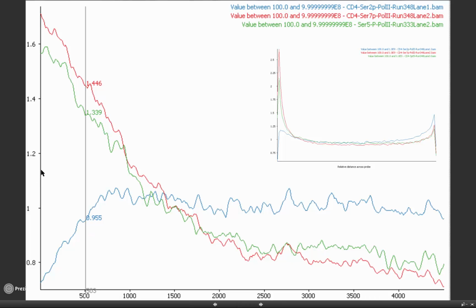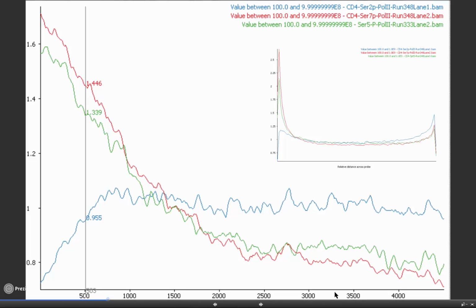This fits with the standard transcription theory, and serine 7 phosphorylation doesn't quite fit, but it's possible that we would see this kind of distribution because it's most highly concentrated before transcription starts, but also gradually falls until about 2,000 base pairs out.